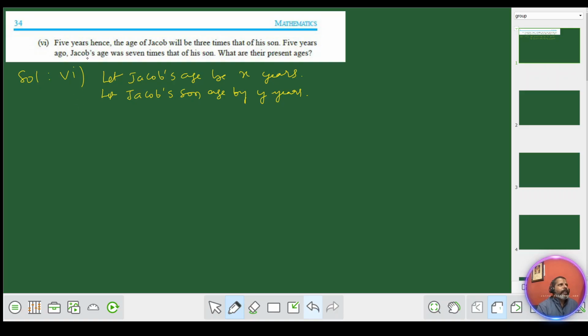Now, see, 5 years hence they said. Please don't jump and start constructing the equation now itself. In an age problem, you first have to calculate the ages 5 years later or 5 years ago, then construct a relation.